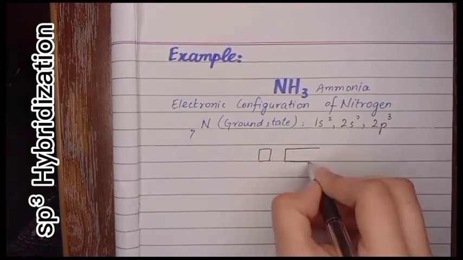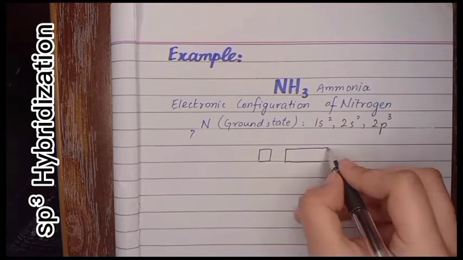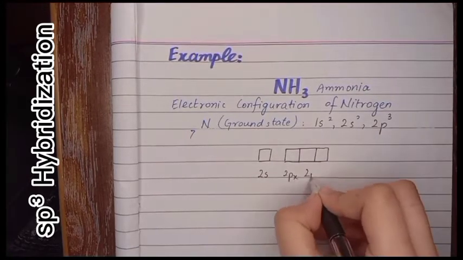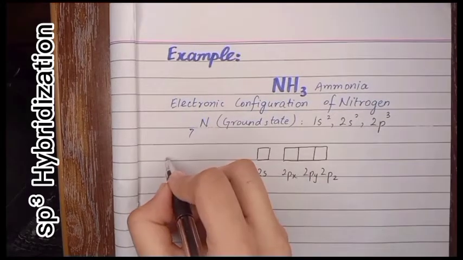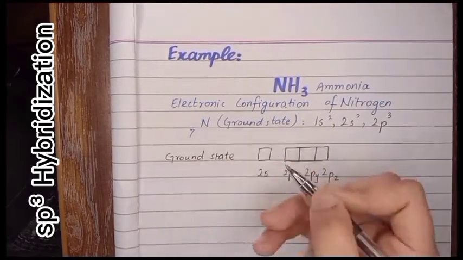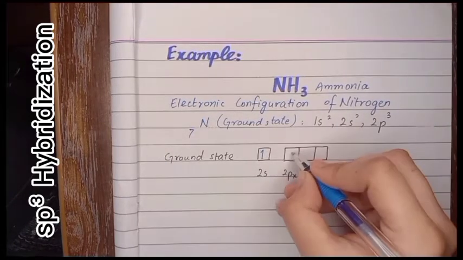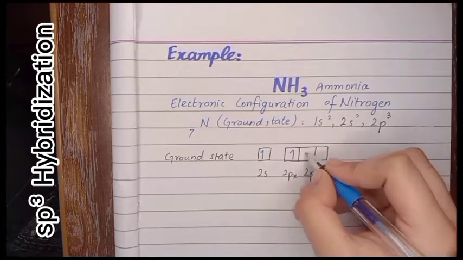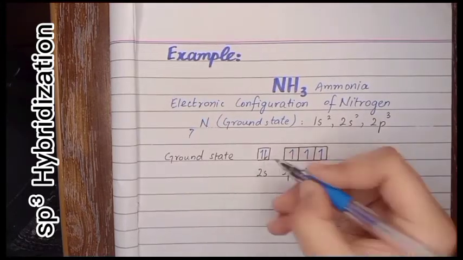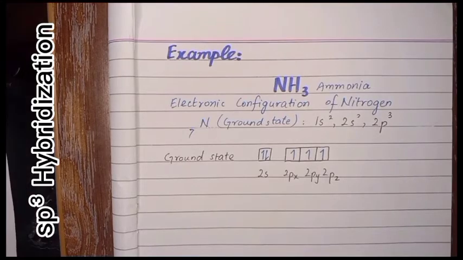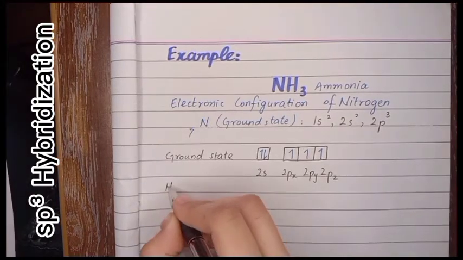Talking about the valence shell electronic configuration, in the ground state it is 2s2 and 2p3. Hybridization occurs in the orbitals of the valence shell, and an electron jumps into the p orbital, forming 4 sp3 orbitals. This is an example of sp3 hybridization.